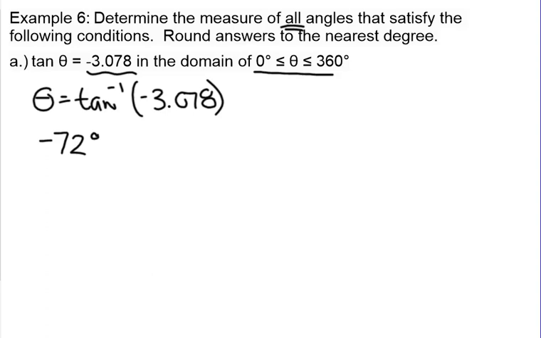So to figure out our reference angle, what I did was just 180 subtract 72, or 180 plus our negative 72. That is 108 degrees. Because things that you want to check.